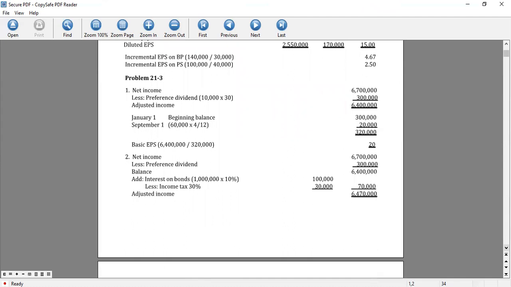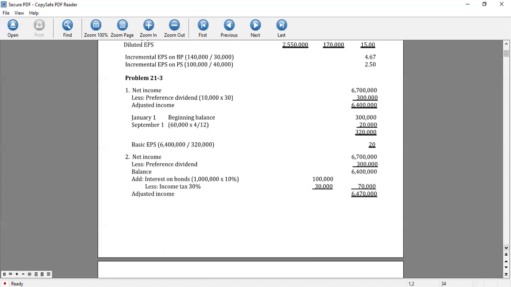Next, we go to 21-3. We have the requirements: compute for the basic earnings per share and diluted earnings per share.